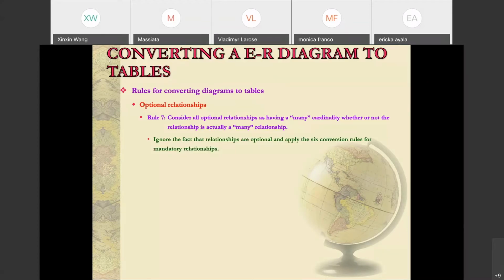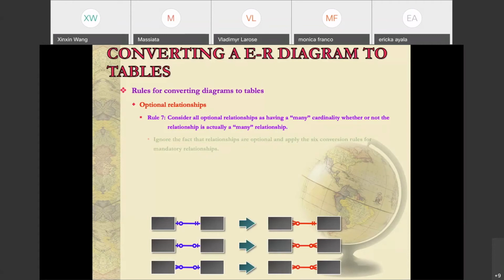We ignore the fact that relationships are optional and apply the six conversion rules for mandatory relationships. For instance, all those scenarios listed there: optional, we all choose them to be many relationships.